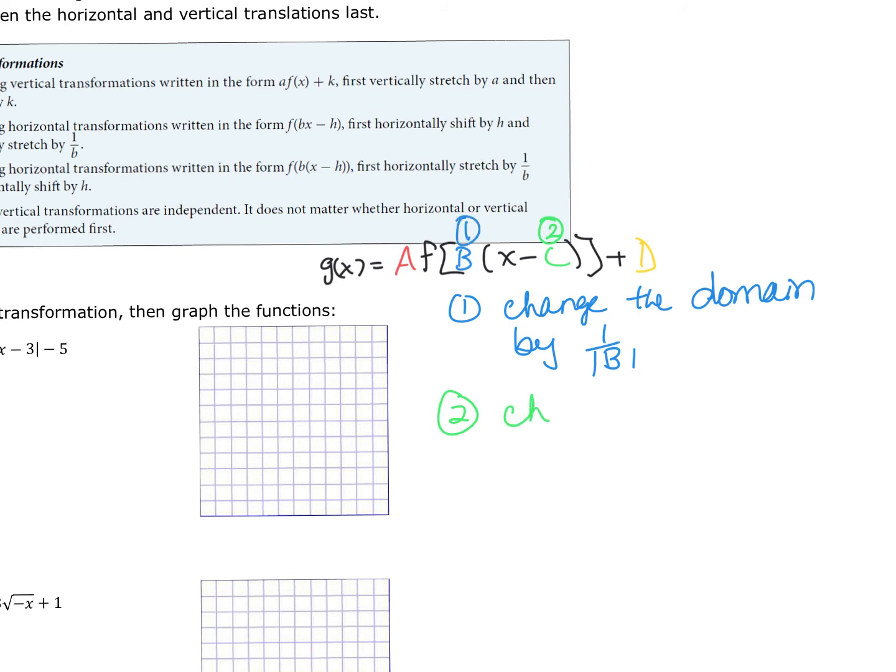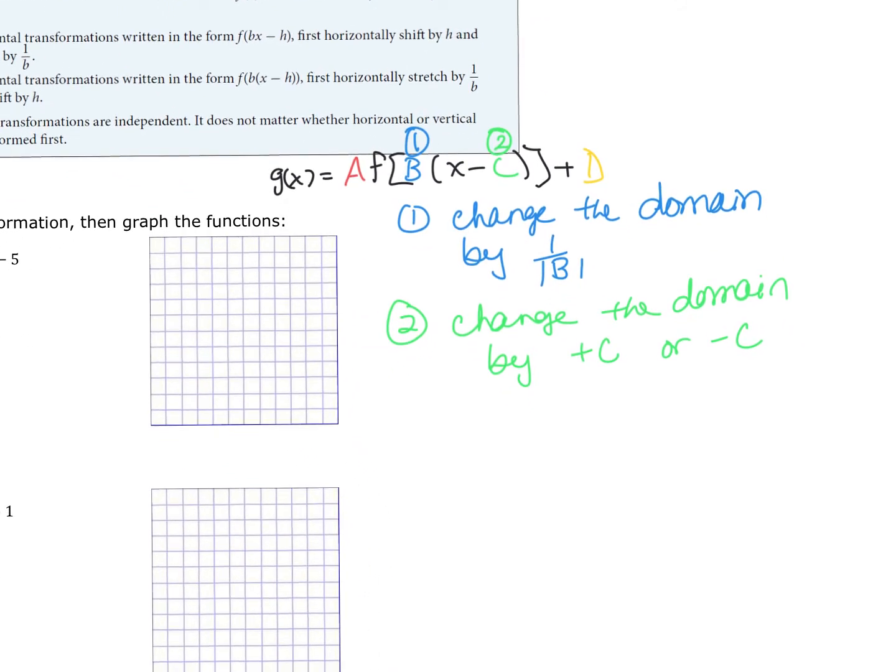And the c is going to change the domain by plus c or minus c. Just depends on if it's opposite. You're always going to do the opposite. So if this is a minus, then you're going to do a plus c or minus c. Depends on what's there. You always do the opposite.